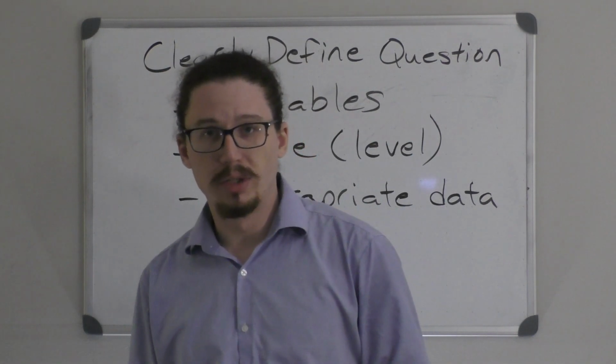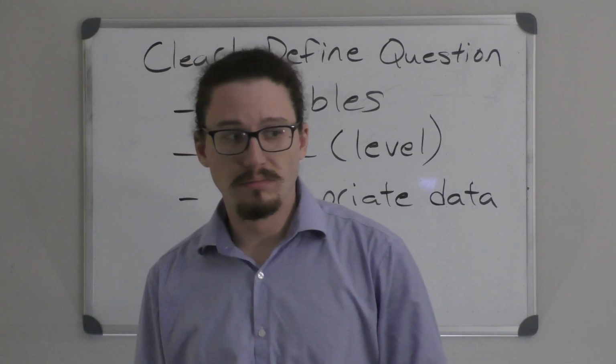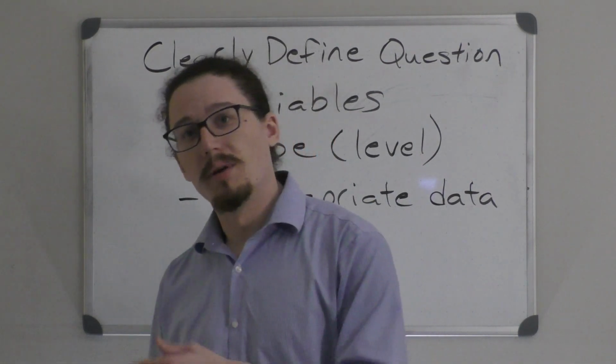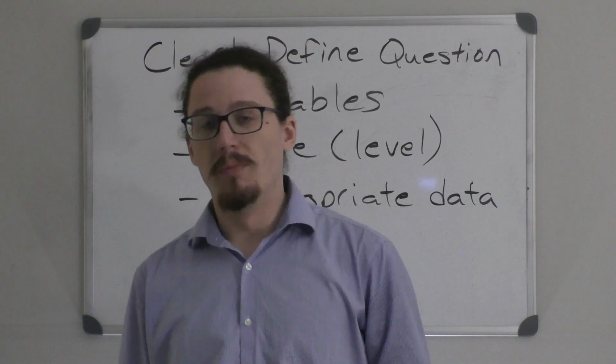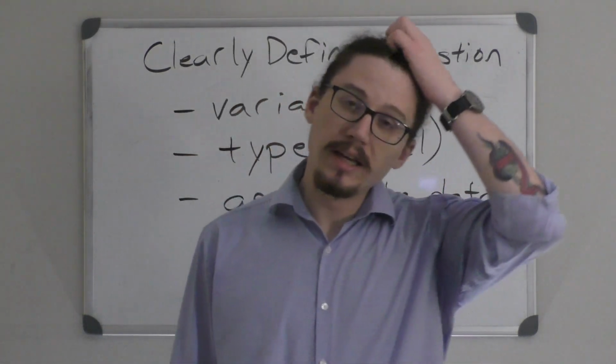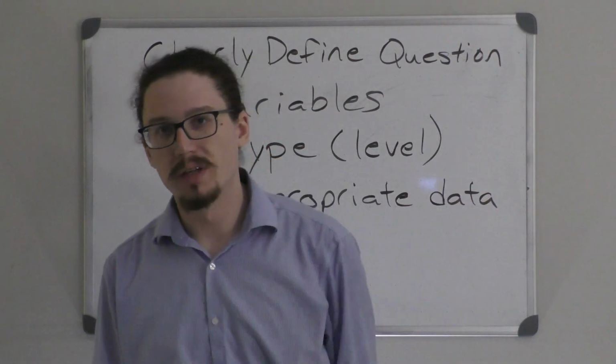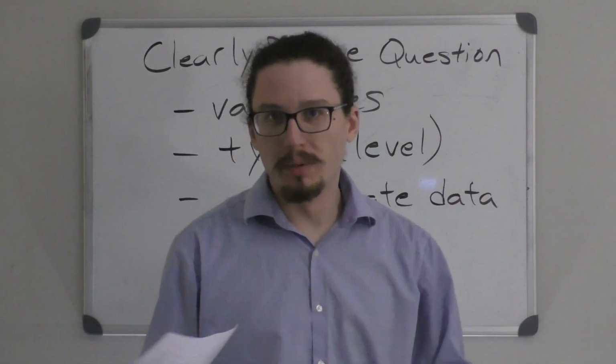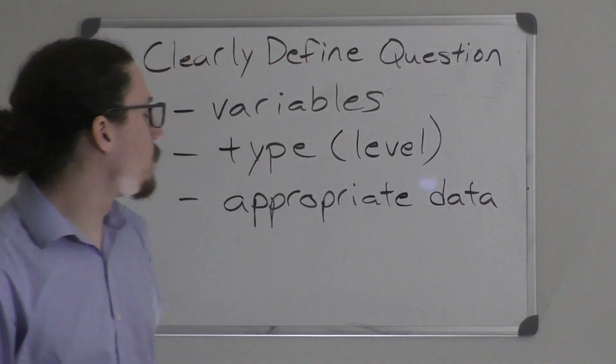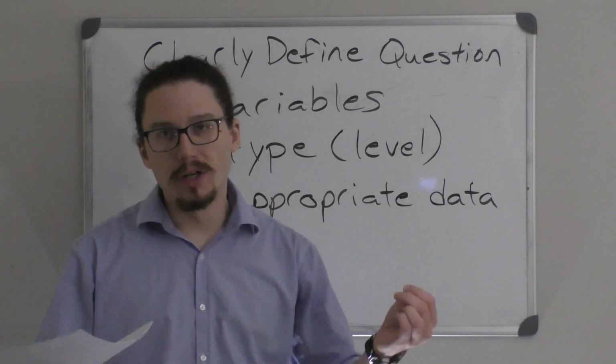So let's say that we are looking at the relationship between income and retirement age. Maybe we just want to say, does an income level have an effect on at what age you retire? Answer's probably yes on that.